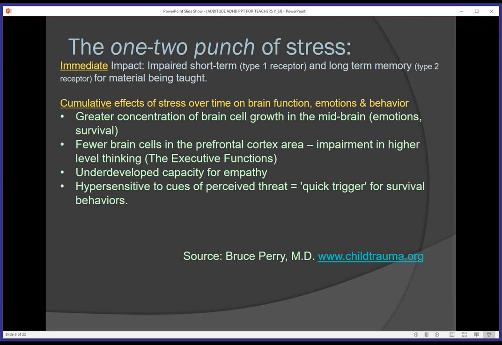The other thing that's interesting about this biological phenomenon, this HPA axis, is that when it's activated a lot, these kids become hypersensitive to cues of what are called perceived threats. They're looking for things that look like, smell like, sound like, anything that scared them before. So they've got this quick trigger response for survival behaviors.